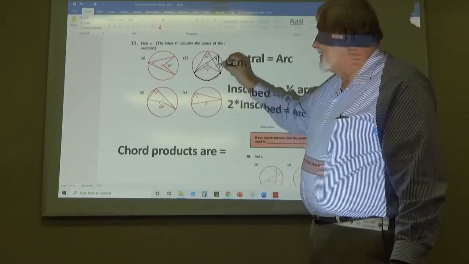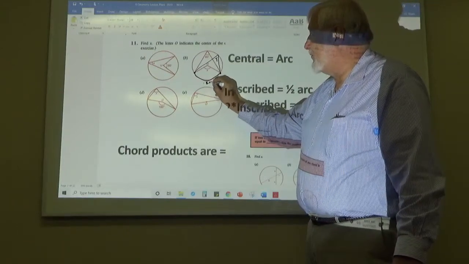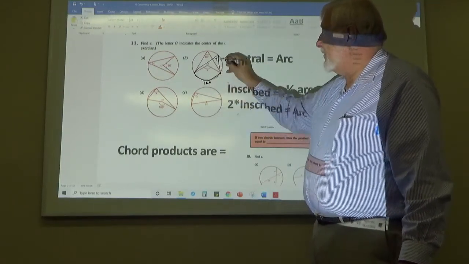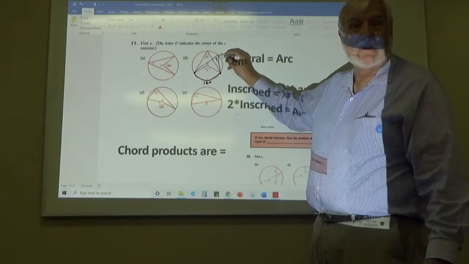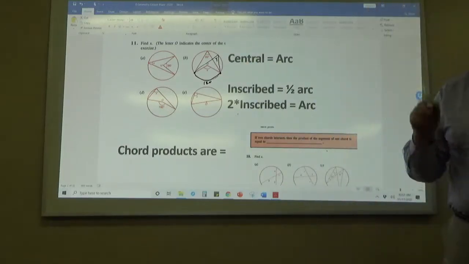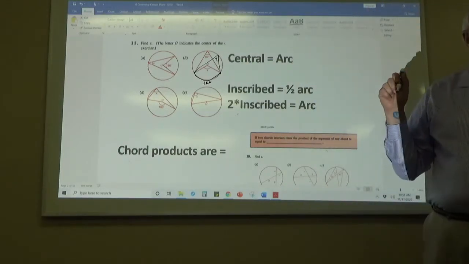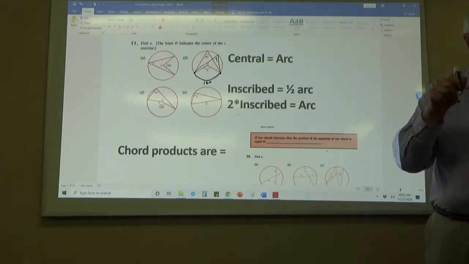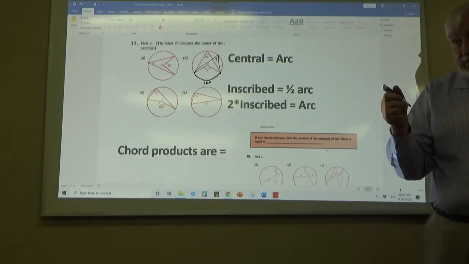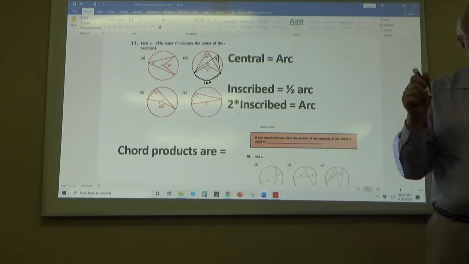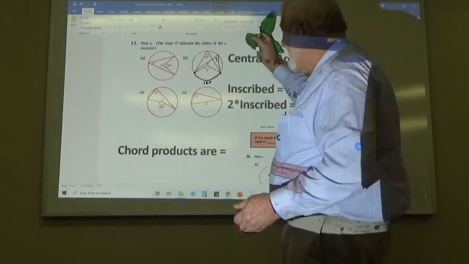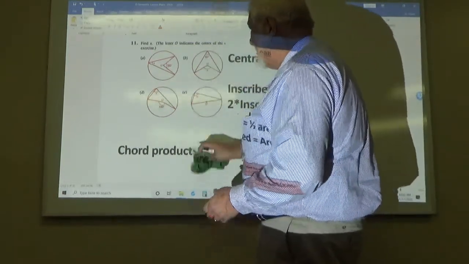So if this is 60, then this arc is 120, and if this arc is 120, y is half of 120, so it's 60. All right, now, that particular trick is one of the test problems. I know that.